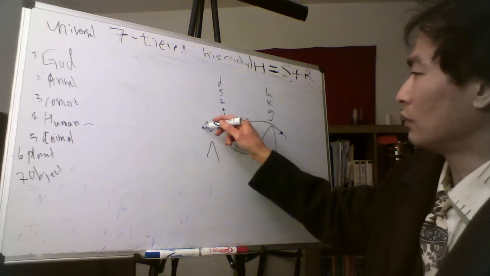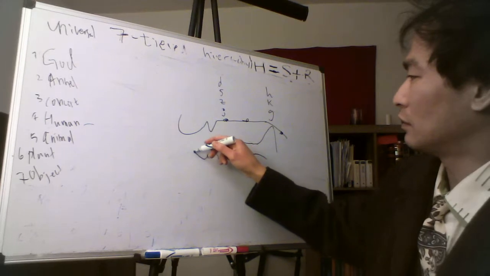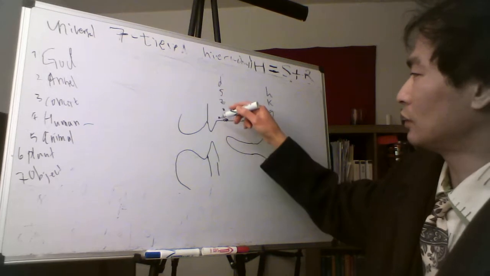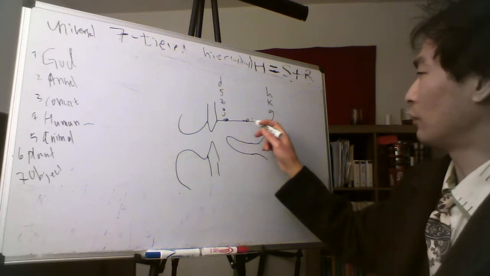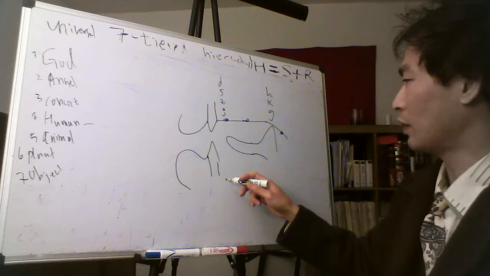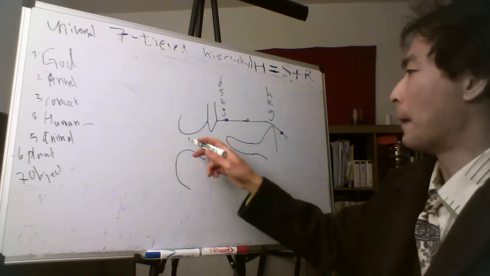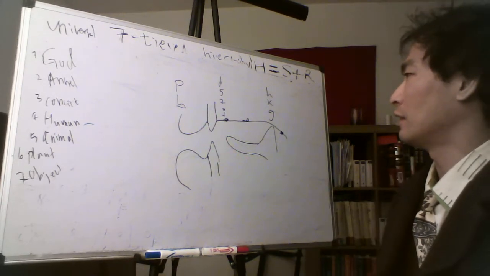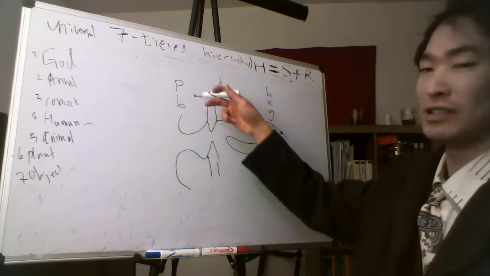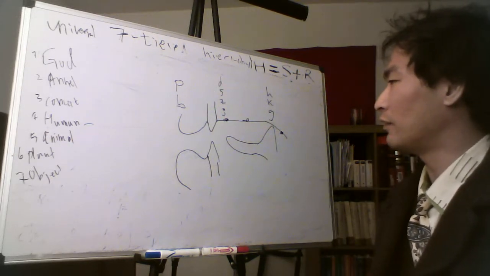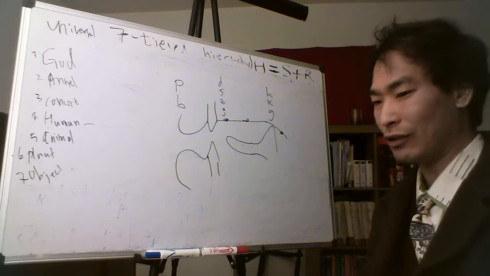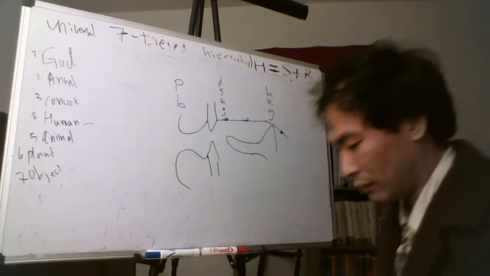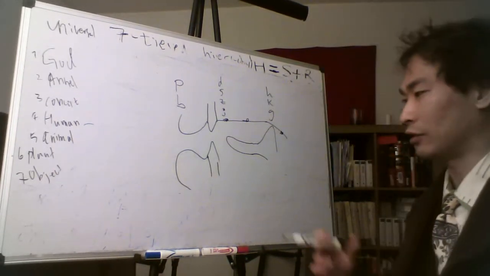Now, you have your lips. Sorry if I'm not drawing very well. This is your teeth, this is the roof of your mouth, your tongue. This is your lips. Now, b, p are very interchangeable consonants. I took one linguistics class back in undergrad, and I loved it, and I got an A there too.